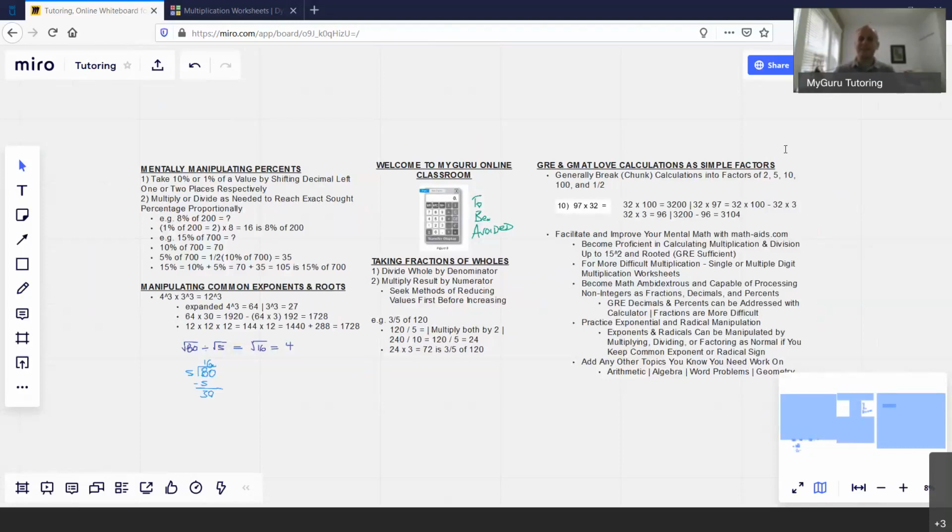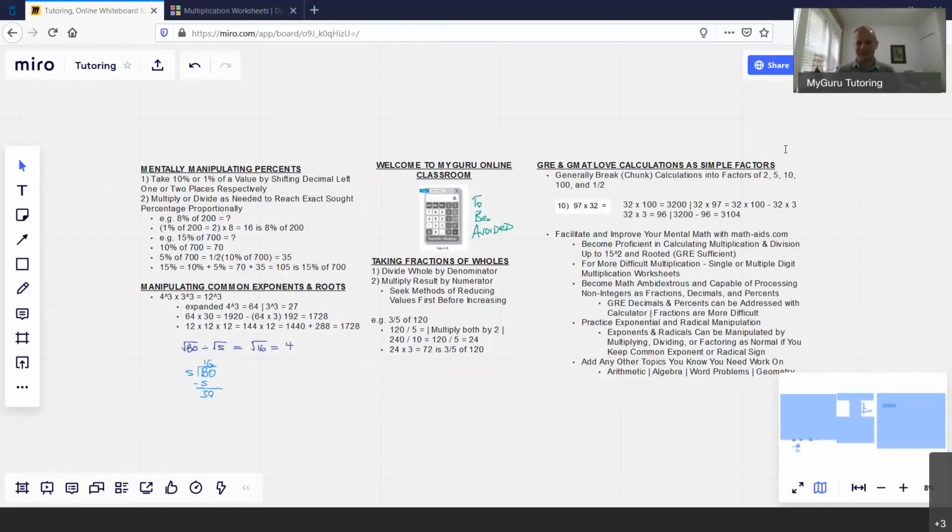It is definitely a skill, mentally manipulating things, that you can build with practice. The more you practice these tactics, whether it's percents, fractions, multiplication, division, exponents, or radicals, the quicker you'll be.